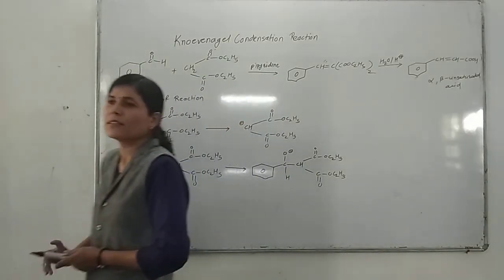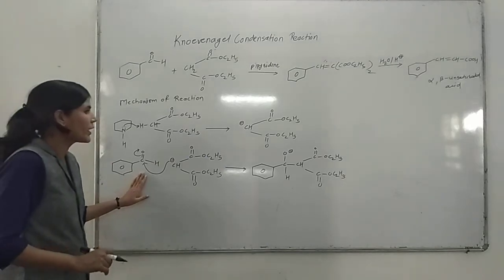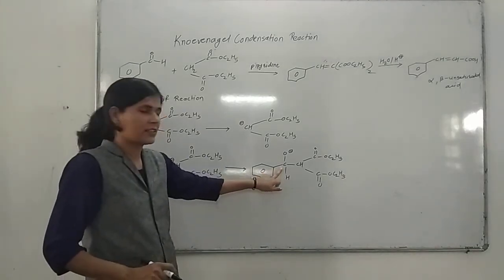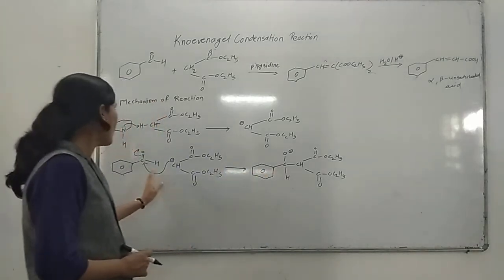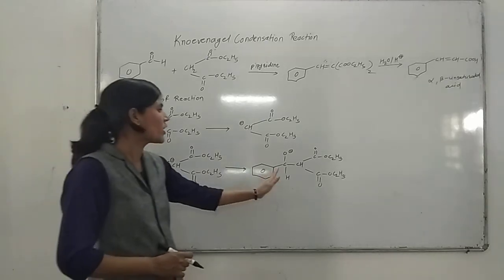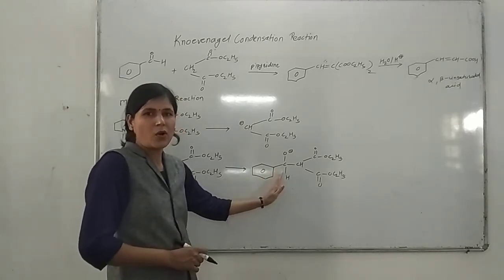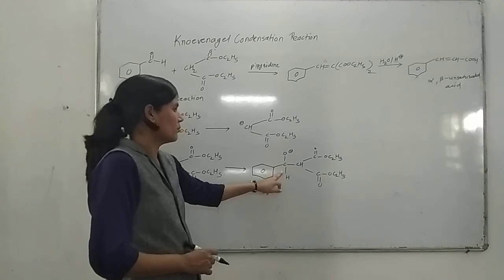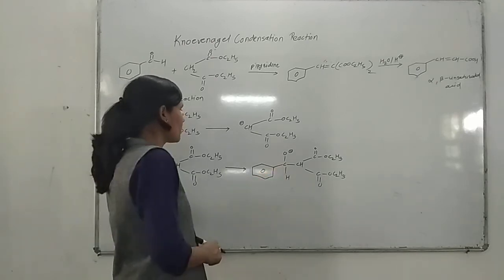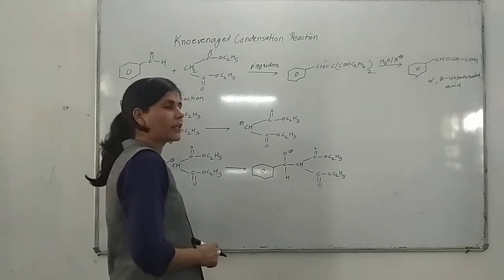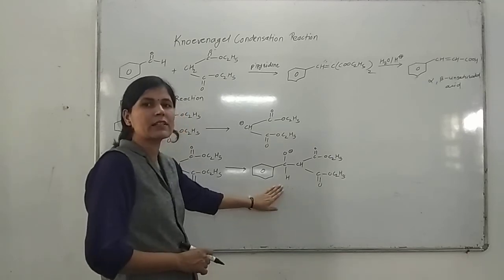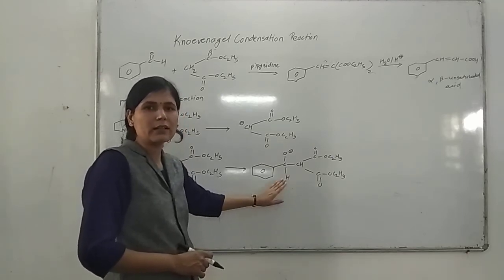This carbon is converted to an sp3 hybridized carbon, and at that time the geometry changes from planar to tetrahedral. So that's why it is called a tetrahedral intermediate.